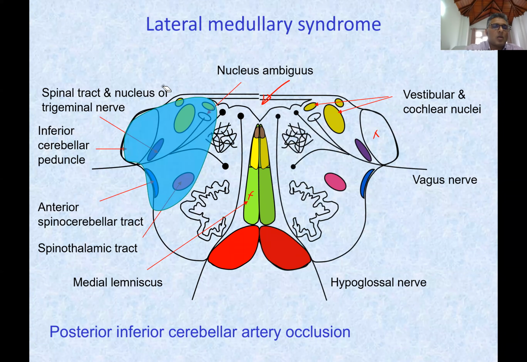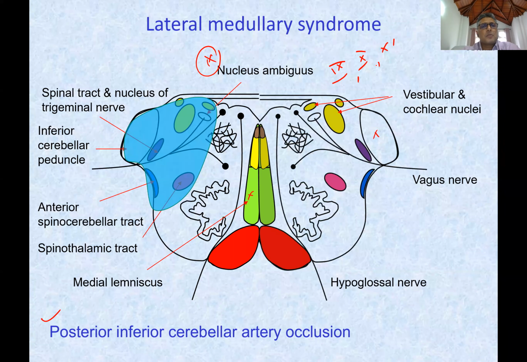With posterior inferior cerebellar artery occlusion, that part of the medulla undergoes ischemic changes, affecting these nerve tracts. You can see this nucleus ambiguus. Even though you have not done it yet, nucleus ambiguus is a common nucleus for the 9th, 10th and 11th cranial nerves, which supply the muscles of the pharynx.